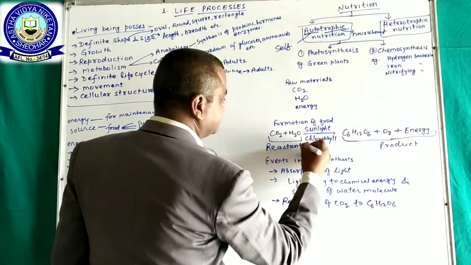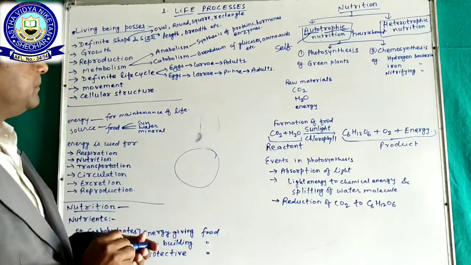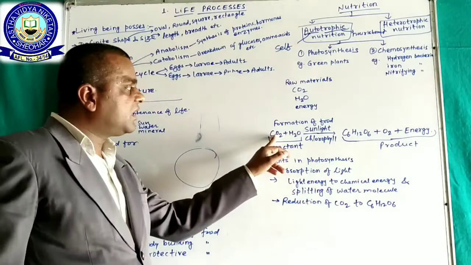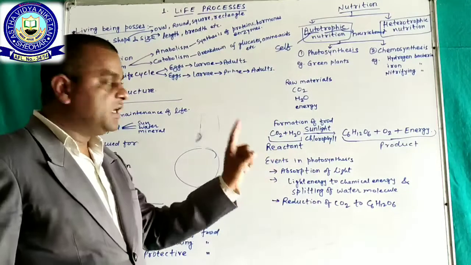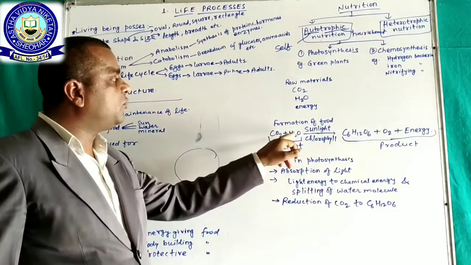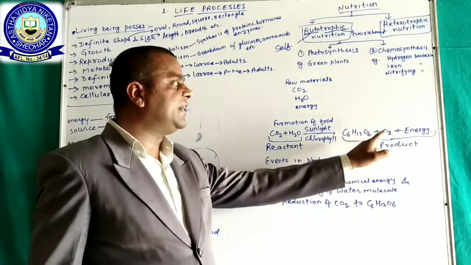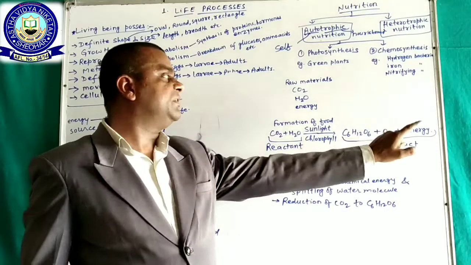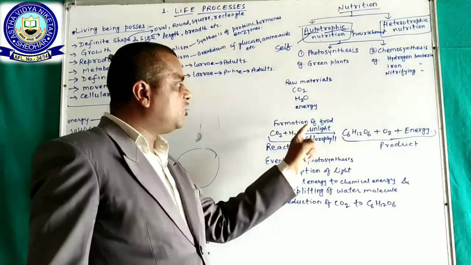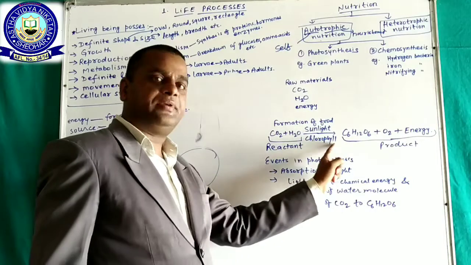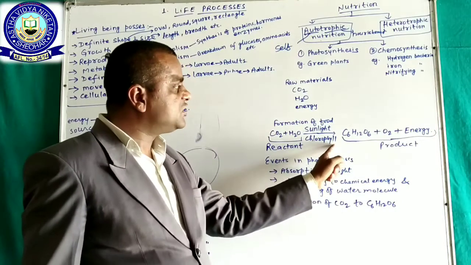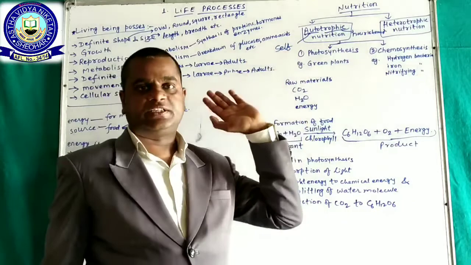See, the definition of photosynthesis: when carbon dioxide and water are converted into glucose and oxygen and some energy in the presence of light in chlorophyll, this is called photosynthesis.